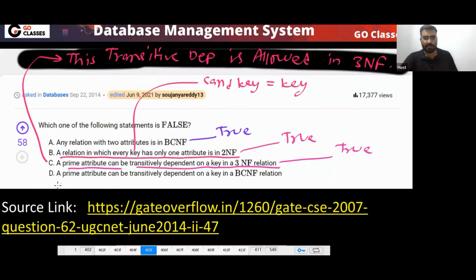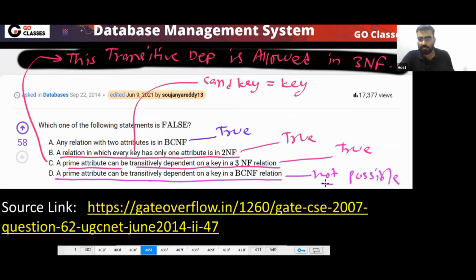What about option D? A prime attribute can be transitively dependent on a key in BCNF. In BCNF, this is not possible. Why is this not possible? Tell me why. This is not possible because in every non-trivial FD, the LHS is a super key.